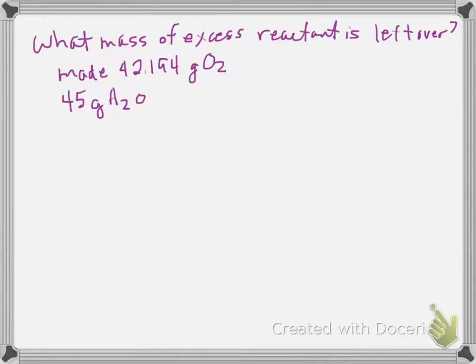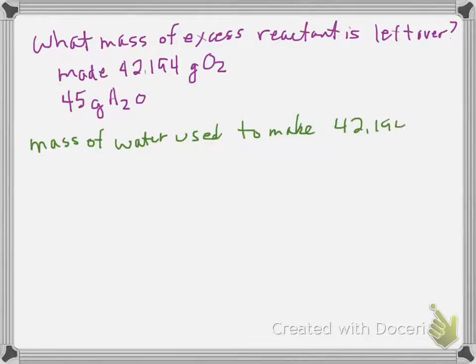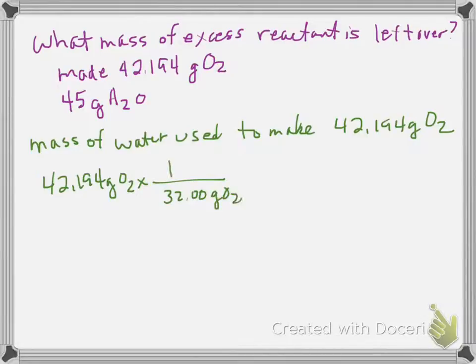Let's calculate the mass of water used to make 42.194 grams of oxygen. So I have 42.194 grams of O2 times 1 mole of O2 per 32.00 grams O2.